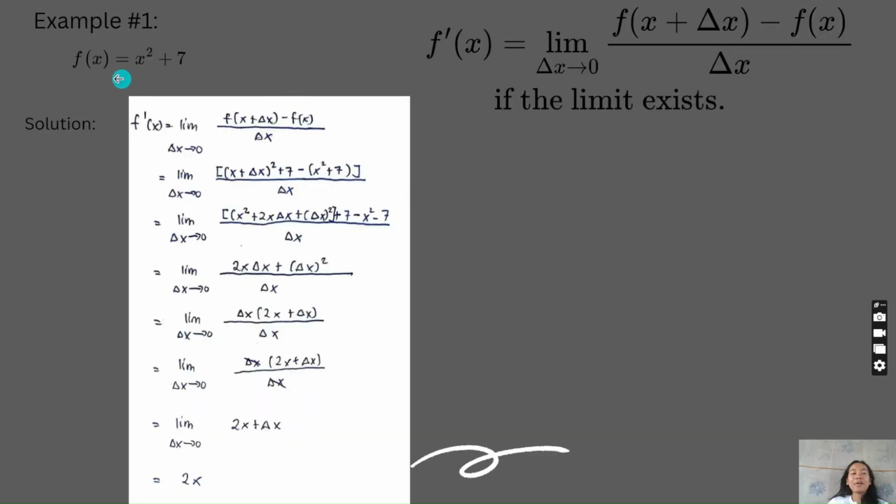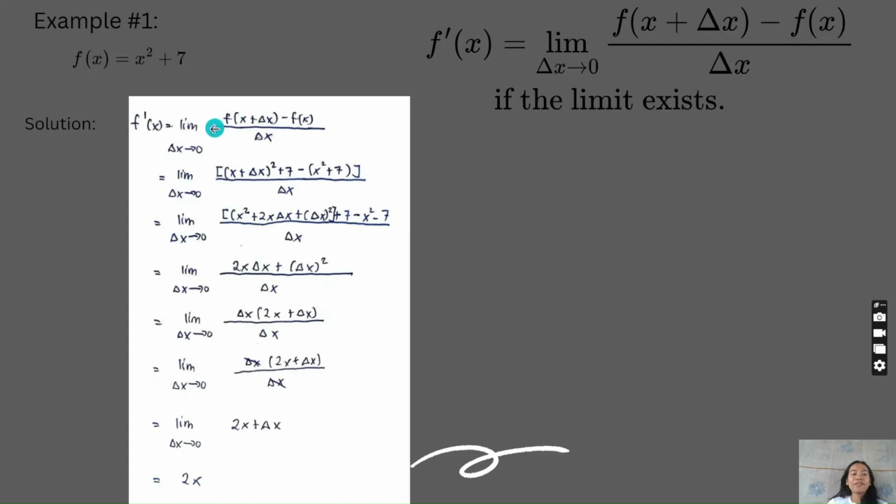We are now here in our example number 1, which is f of x is equal to x squared plus 7. So this will be our algebraic expression, and this will be the expression that we are going to differentiate using our formula number 1, which is f prime of x is equal to the limit of f of x plus delta x minus f of x all over delta x as delta x approaches 0, if the limit exists.